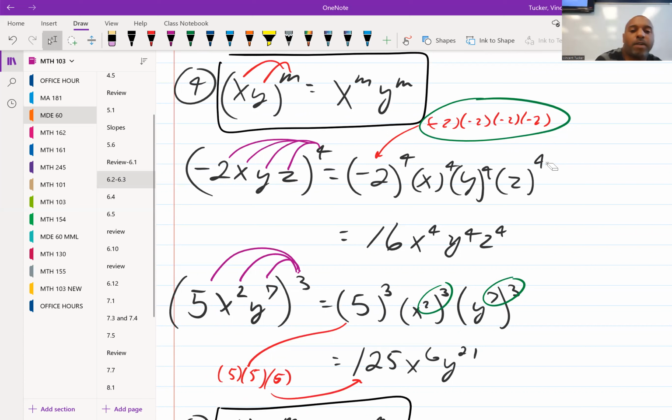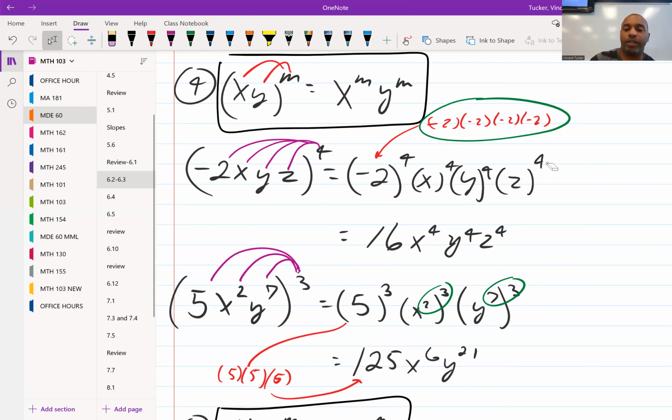All right, next one, 5x squared, y to the 7th, raised to the 3rd power. So once again, all of those are in the parentheses, so they need to be affected by the cube. So there's 5 cubed, x squared cubed, y to the 7th cubed. Now 5 cubed is 5 times itself 3 times, so that's 125.